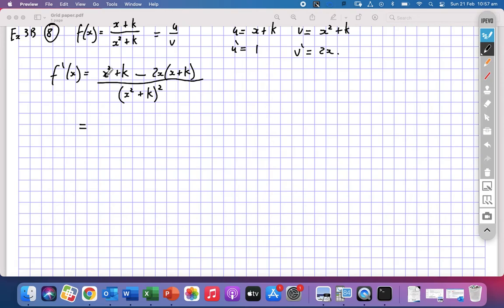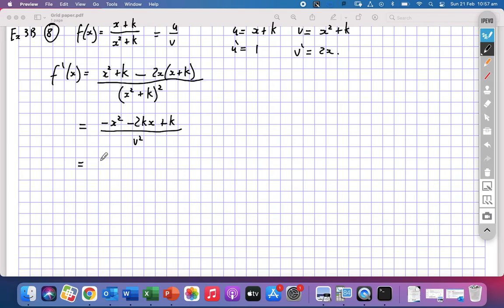What have we got there? An x squared minus a 2x squared will be minus x squared. Then we've got a k here. Here we've got a 2xk, so we've got minus 2kx if I expand there. And we've also got this k. I'm just going to write v squared here because it's quicker.